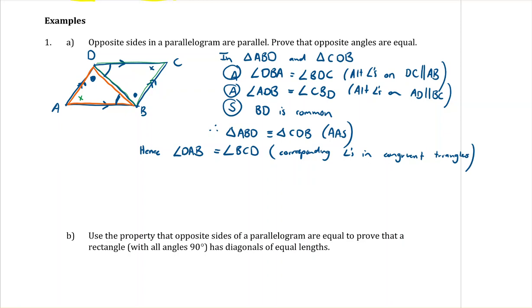Okay, we also know that AD is going to be equal to CB, and AB is equal to CD because they would be corresponding sides in the congruent triangles.